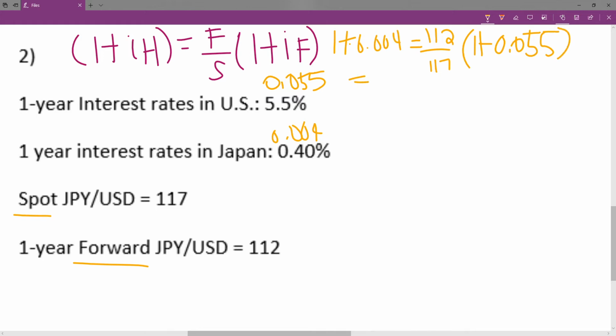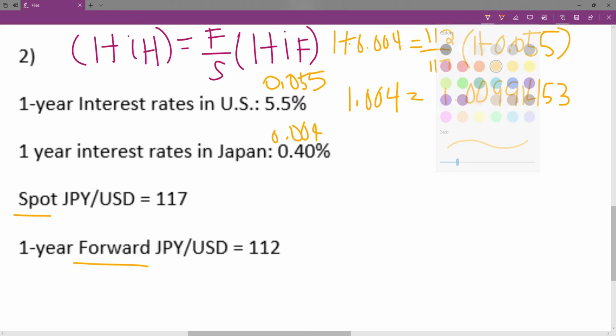Okay, then when you solve this, you should get 1.004 and 1.0099453. Clearly, this isn't equal to each other.